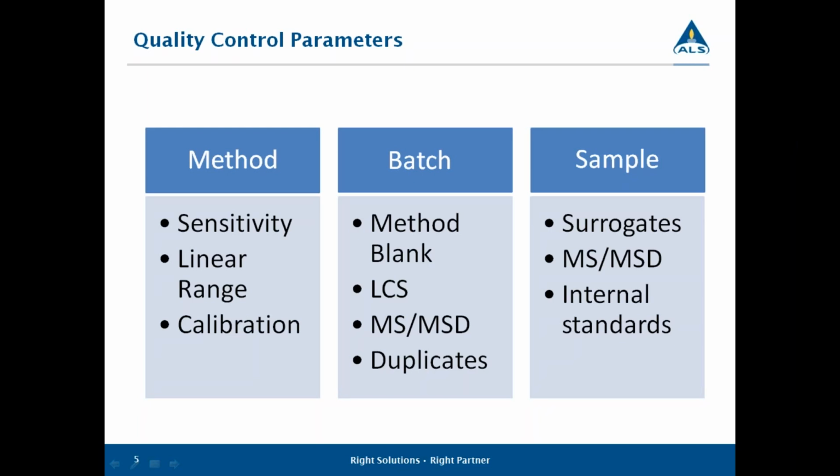We can also have duplicate LCSs, which I'll go into a little bit more later. And we also have duplicates of samples, just a plain old replicate analysis of a sample. On the sample level, we have surrogates, again the matrix spike duplicate, which helps on the sample level, and we have internal standards.